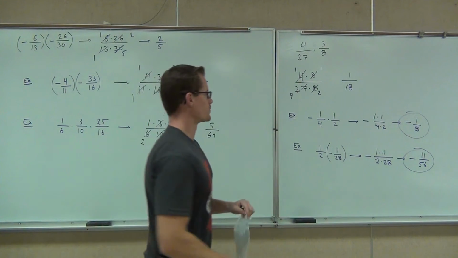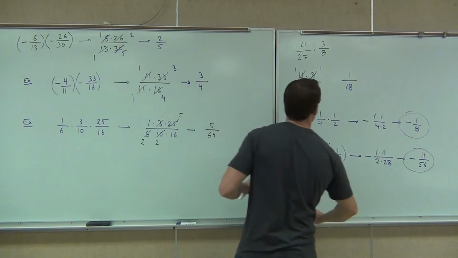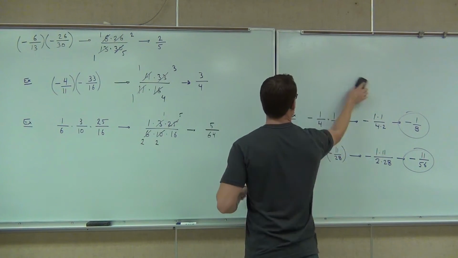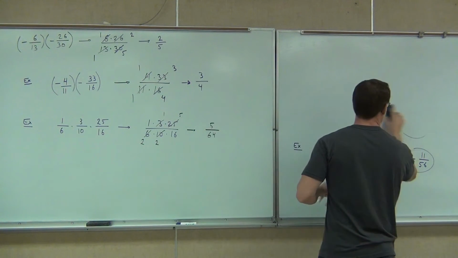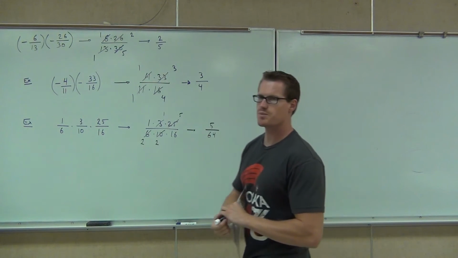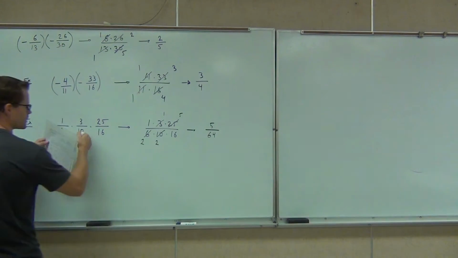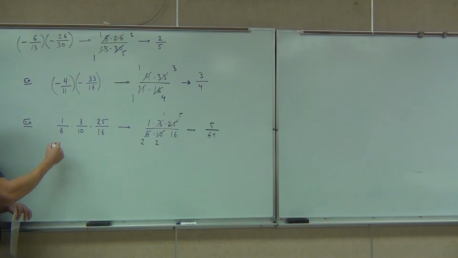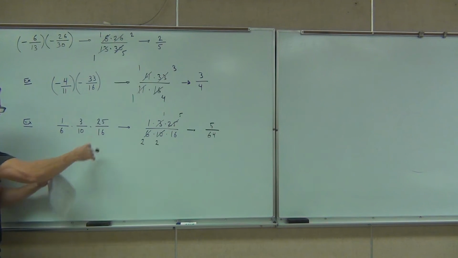Okay, I'd like you to try one on your own. By the way, if you would like to do this 2 at a time, you may. We would, of course, write this as one fraction. The 3 and the 6 would simplify out. Then we'd have to bring the other one down and simplify from there.